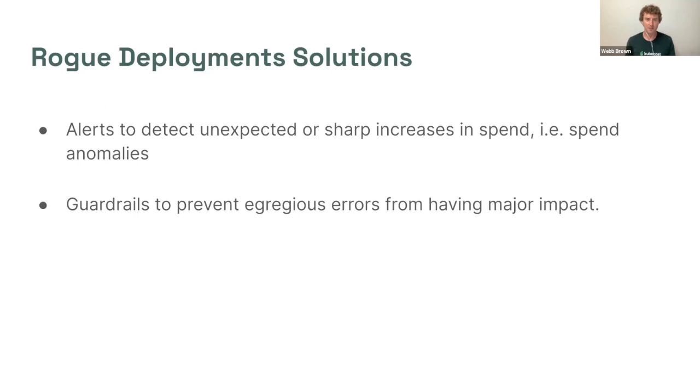Kubecost has the ability to alert on either sharp, unexpected increases in spend or spend anomalies. It can also do things like set budgets at different levels, whether it's namespace, label, or annotation, to where the individual owners of that part of your infrastructure can be alerted.